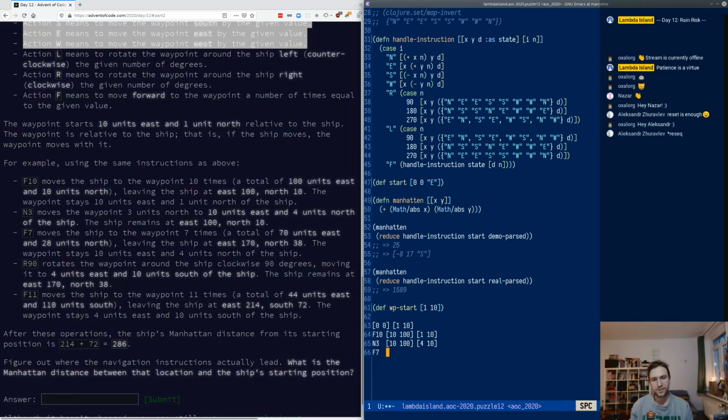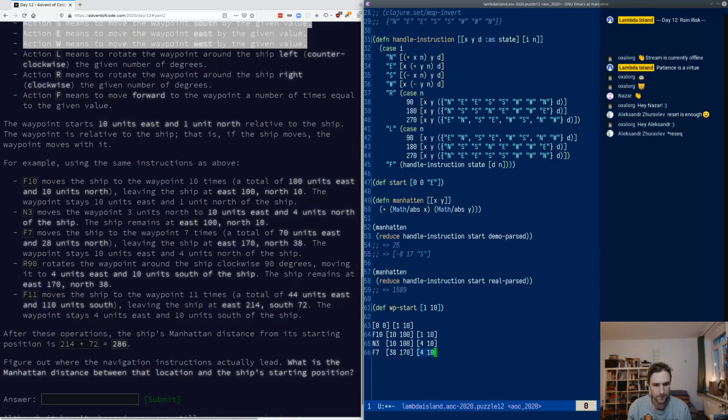F7, forward 7, so this is the vector now. 7 times 4 is 28, so that's 38, and 10 times 7 is 70, so 170. So 170, 38. Okay, I think I'm starting to get the hang of this.